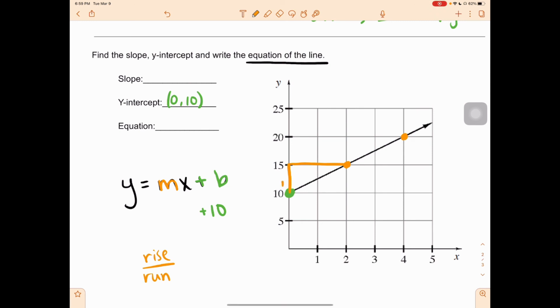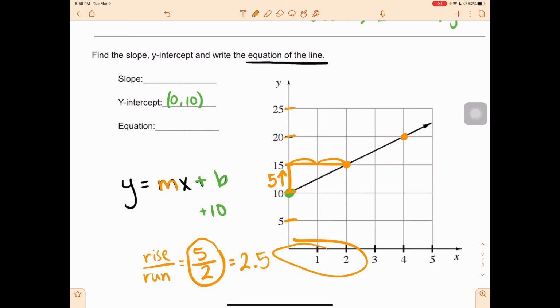My rise here is 5. It is not 1. A lot of students say 1 here. But since here along the y-axis, we are counting by 5s, your rise is 5. Your run, you guys can see down here what we're going by, is 1, 2. So this is your slope, 5 halves, or you can even write this as 2.5 if you were to divide that.